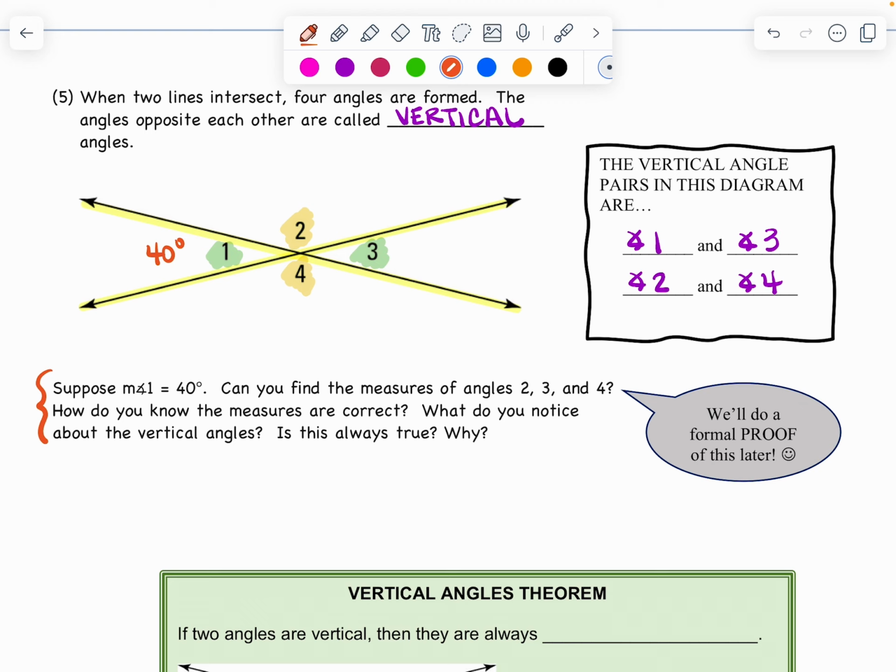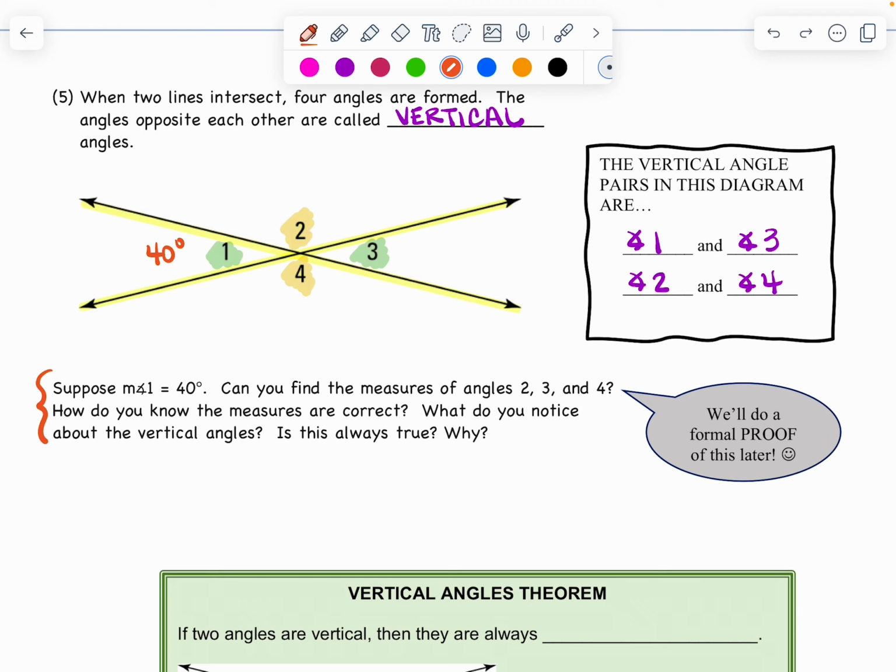Okay, but for now, we're just going to talk through this so we can see how this works, okay? So if angle 1 is 40, I should be able to find the measure of all the other 3 angles, okay? And that's going to actually prove the relationship that we're looking for. Again, I know you can probably tell me what all those angles are right away, but let me just slow it down a little bit.